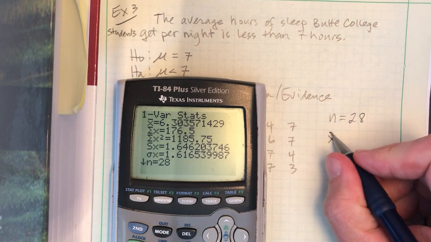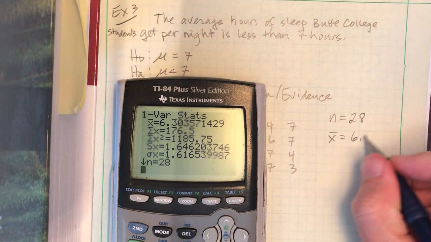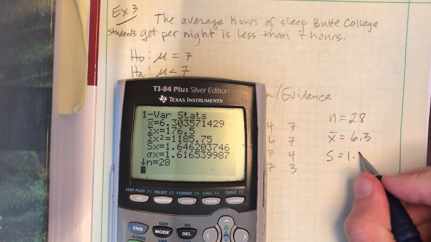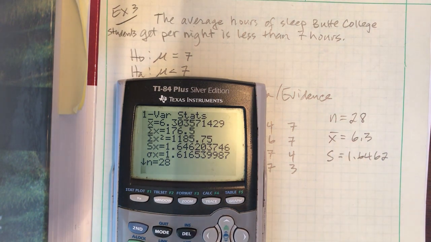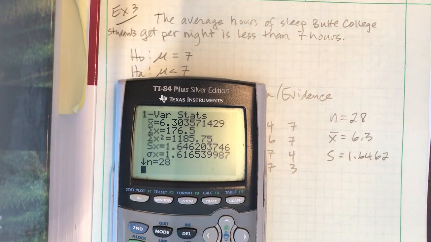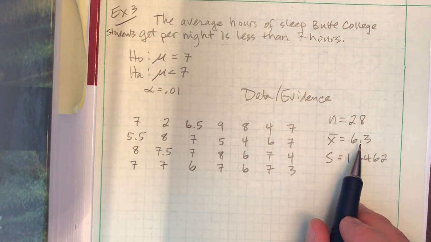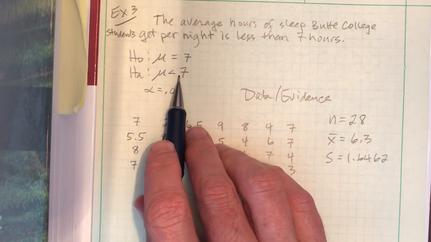The average hours of sleep, my sample mean, looks like it's 6.3, and my sample standard deviation, 1.6462. Okay, that's plenty. So, we'll again ask the question, do I have evidence right now to support my alternative? Yes, my sample mean is less than 7.